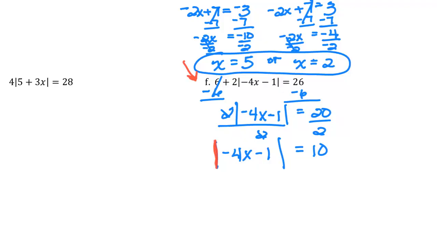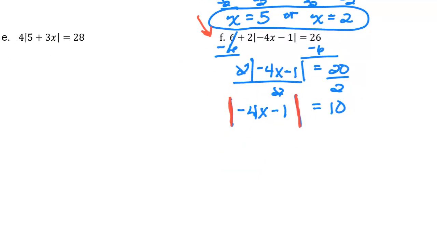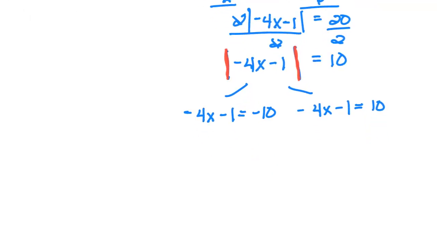This is where it is isolated. It is the only thing on that left-hand side. So now I can separate it, and this is where you can drop the bars: negative 4x minus 1 equals negative 10, and negative 4x minus 1 equals positive 10.